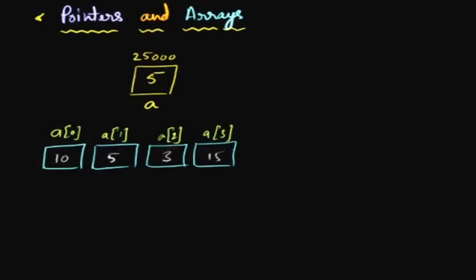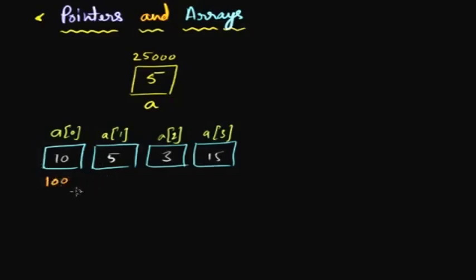15. Okay, and each memory space reserved for each of the elements of the array has an address. So let's assume that the first element A0 has an address 100.